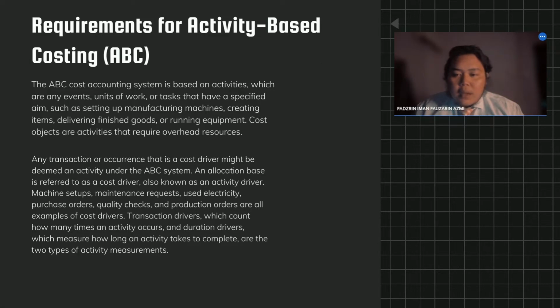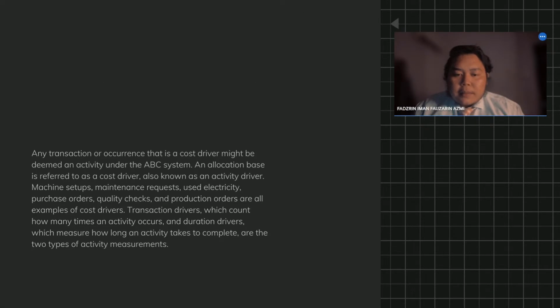Transaction drivers, which count how many times an activity occurs, and duration drivers, which measure how long an activity takes to complete, are the two types of activity measurement.